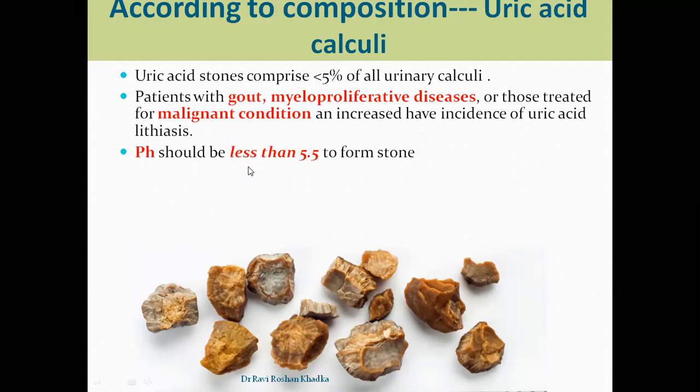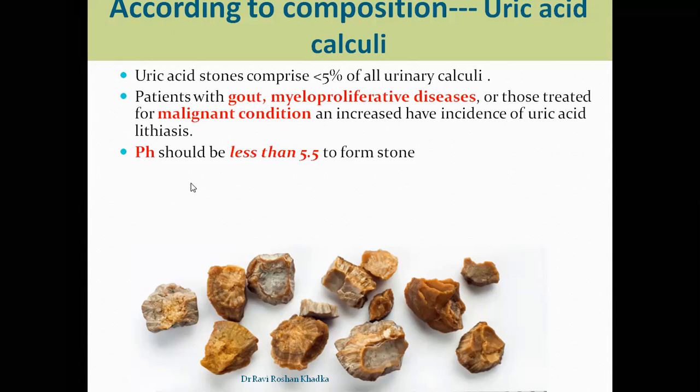And the very crucial criterion is the pH should be less than 5.5. If the pH is more than that, the uric acid never crystallizes. This knowledge is very essential. Later on, we can apply that knowledge during our prevention part. That is, if we can make the urine alkaline, then the stone formation will be decreased.